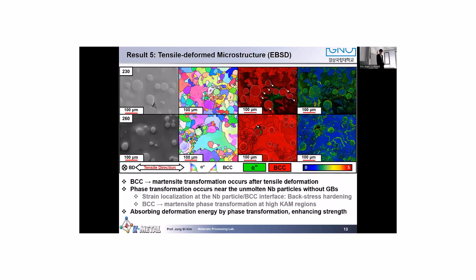So we checked the tensile deformed microstructure as follows. And when we check the tensile test deformed microstructure, we can find some interesting results in the phase map. The BCC to martensitic transformation occurs near the niobium particles, while a similar phase transformation is not observed at the grain boundaries. So this means we may control the phase transformation behavior if we disperse particles into the matrix, which have a higher interfacial energy than that of the grain boundaries.